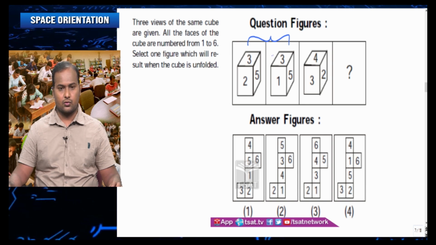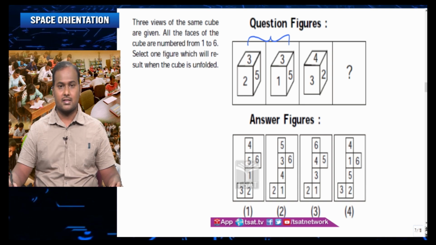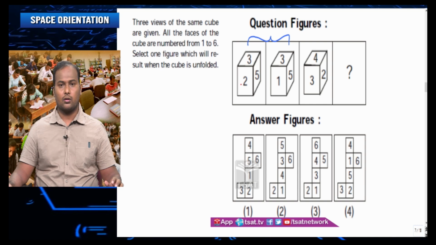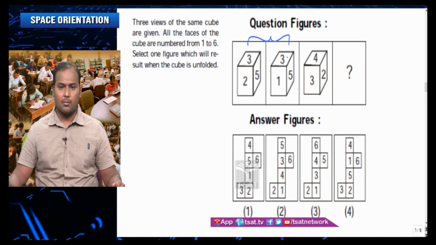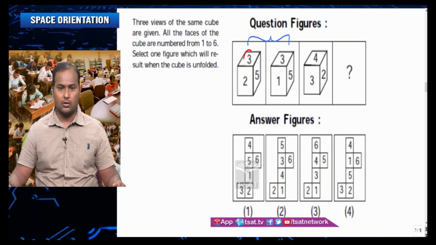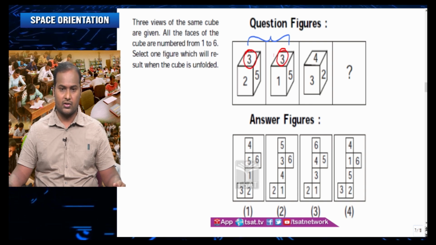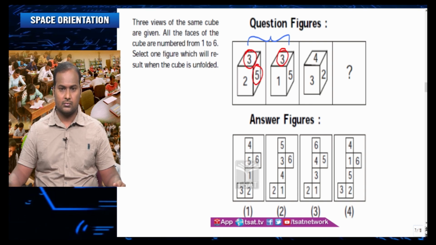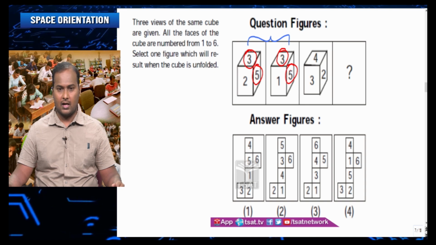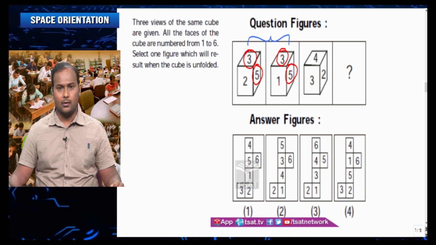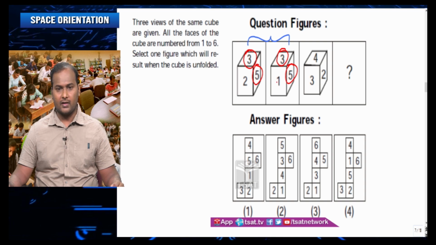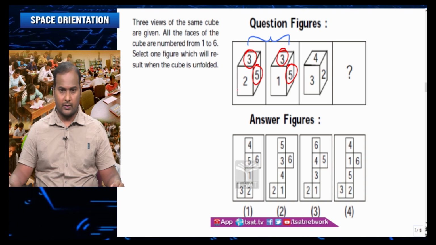Once I have selected these first 2 cubes, the second step is to find out the common faces present between these 2 cubes. What are the common faces? We know 3 is here, 3 is here, 5 is here, and 5 is also on the other cube. And what is remaining? I have only 2 and 1. So the remaining faces will become opposite. That is very important.